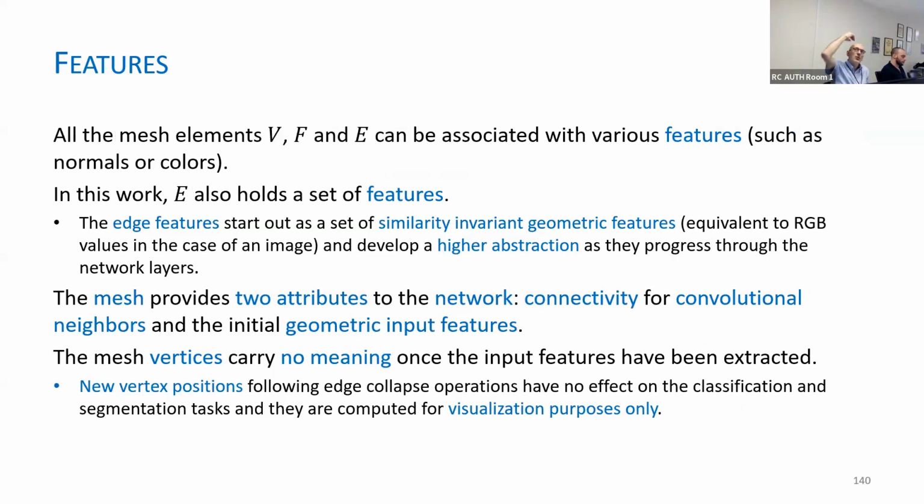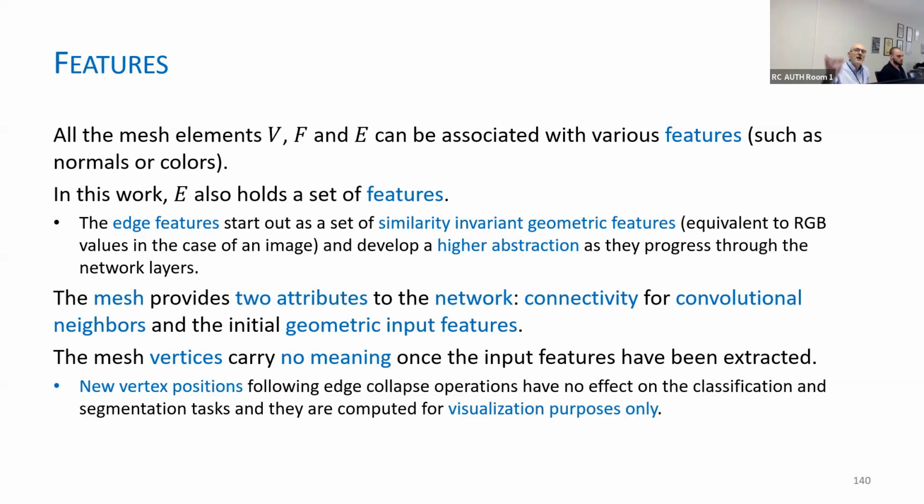And so again, you can associate features to vertices, to faces, and to edges. In this specific case, the edges are associated with some features. And the idea is that these features are in some way invariant with respect to, for example, the position or the rotation of the mesh.